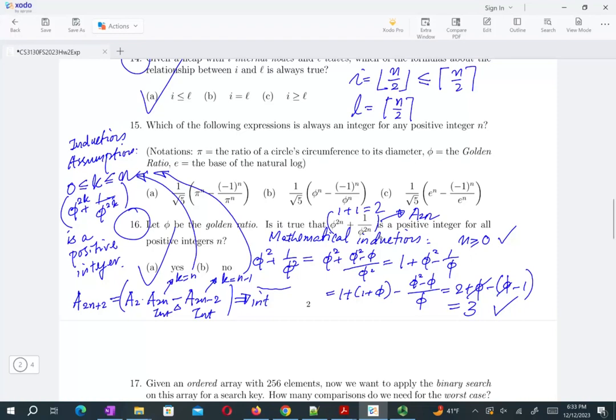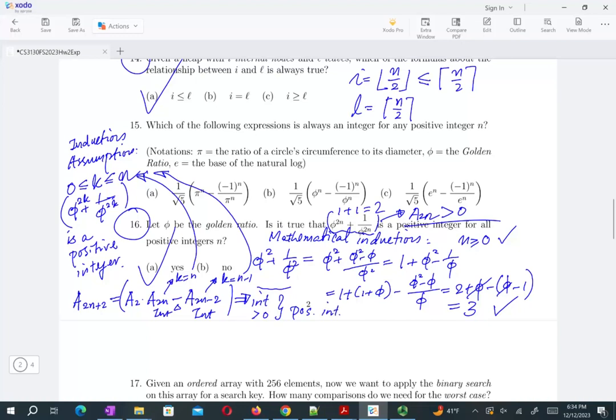But from the original expression, because phi's even-number exponent must be positive, plus 1 over a positive number, also positive, this gives us that it must be positive. So we get a positive integer.